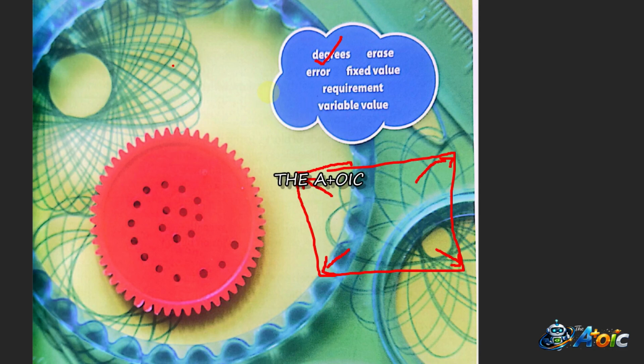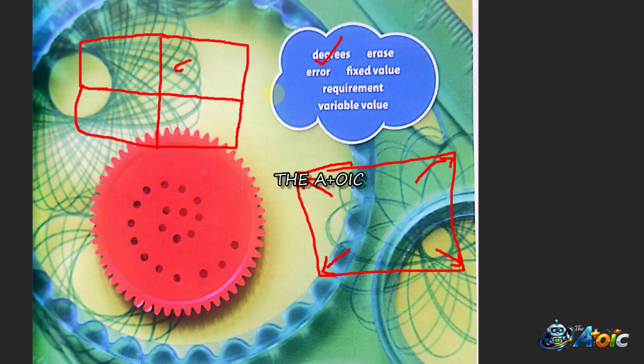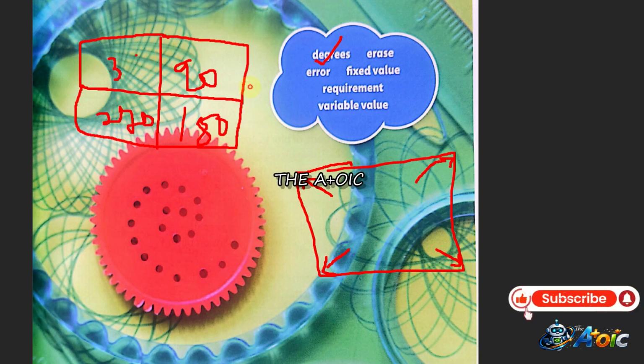You remember when I came to class, I drew this particular graph. I told you this side and this side is 90, this side is also 90. So we had 90, we had 180, we had 270, and then 360.